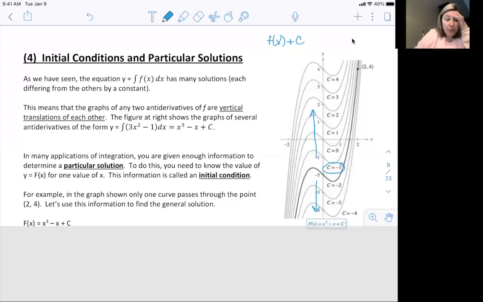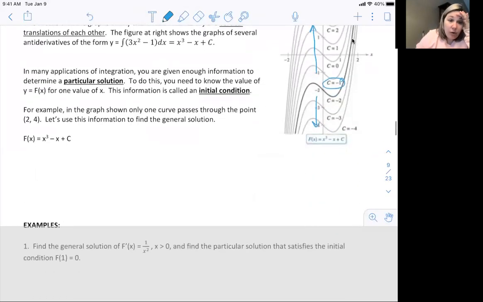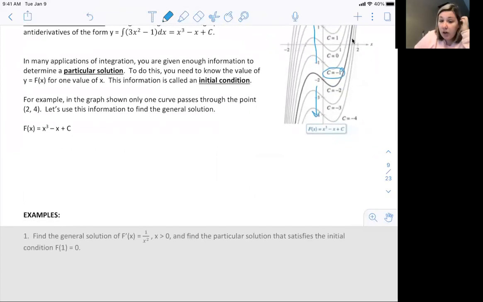For example, in the graph shown, only one curve passes through the point (2, 4). If we want to figure out which one that is, then what I know is that when x is 2, y is going to be 4, or f of x is going to be 4. That's our y value. So we can go ahead and plug those values in.